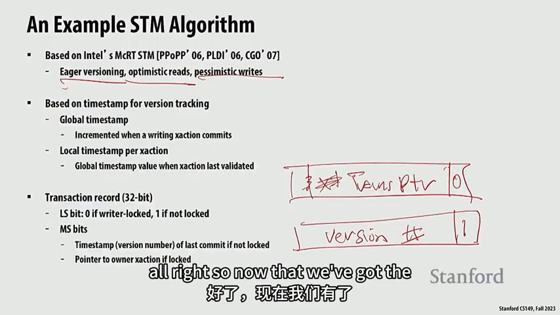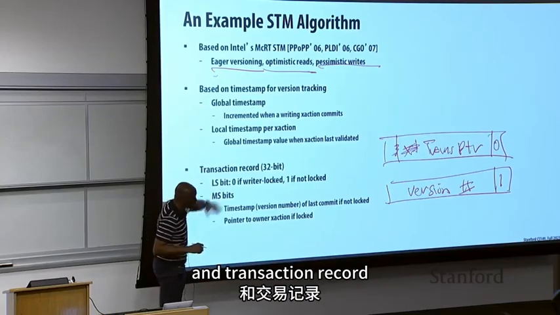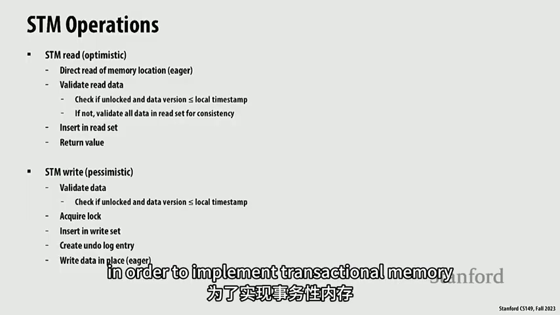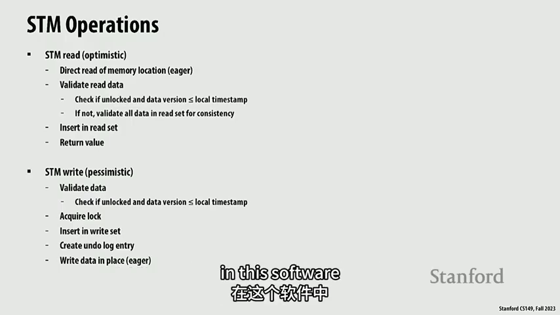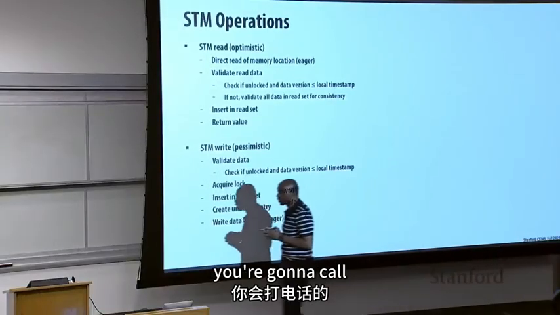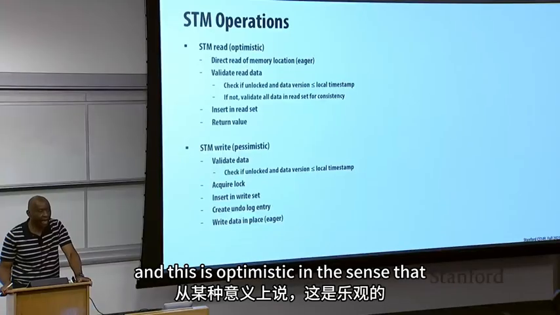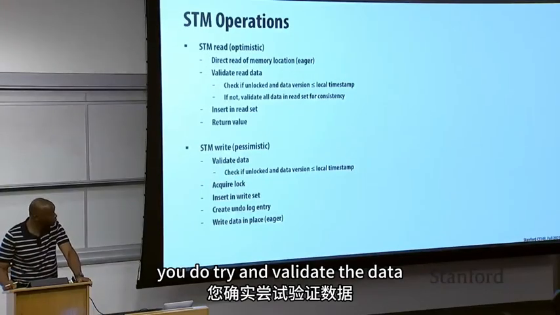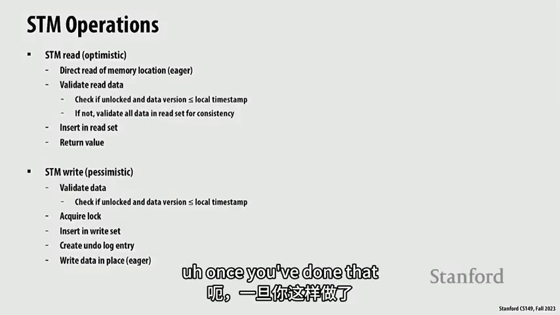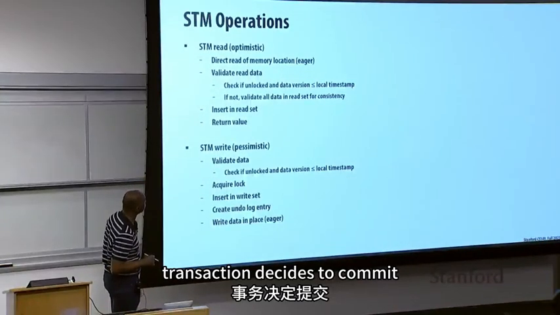Now that we've got the notion of version tracking and the transaction record, let's think about exactly what operations we need to perform in order to implement transactional memory in this software environment. Every time you want to do a read, you're going to call STM read. This is optimistic in the sense that, even though you do try and validate the data you are about to read, once you've done that, you're golden until some other transaction decides to commit.